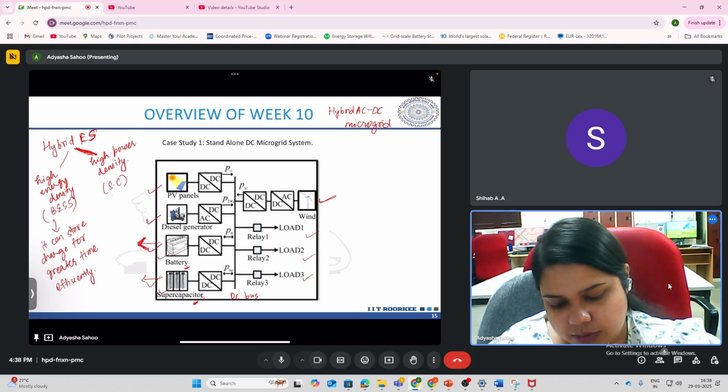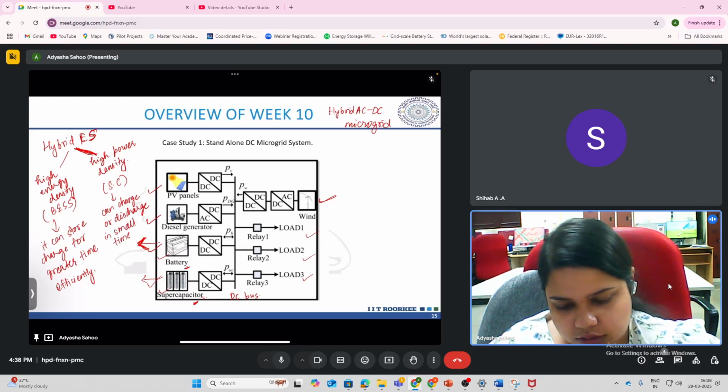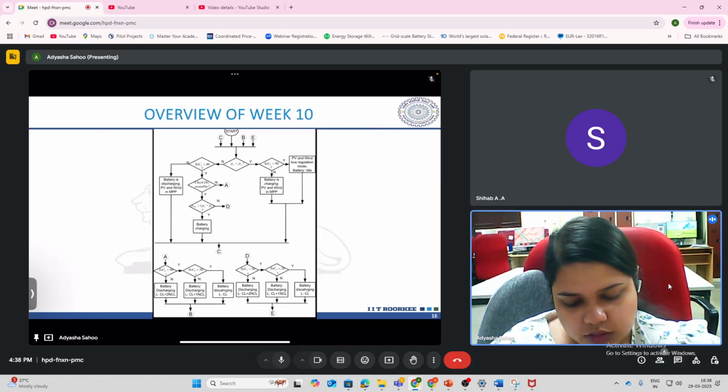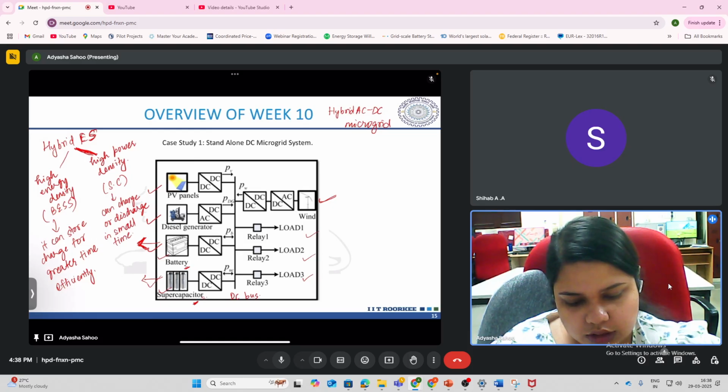And the supercapacitor can charge or discharge in small time, meaning very quickly it can charge or discharge. So now depending upon the SOC and all, we'll see different scenarios for the DC microgrid again.